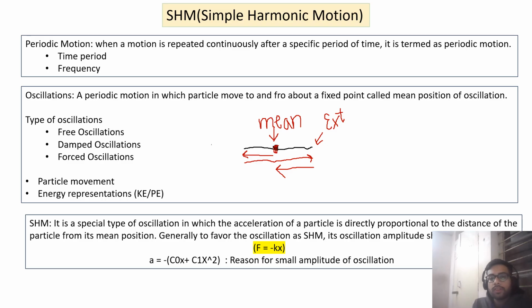So if the particle is moving to and fro about the fixed point, this fixed point or central point, this point is called the mean point. Any such motion is a periodic motion because it is repeating its task continuously after a specific time, and since it is moving to and fro about the fixed point, it is called an oscillatory motion.